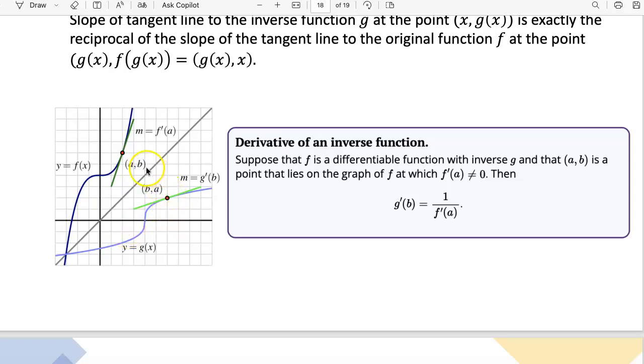So if A maps onto B, B maps onto A, or AB maps onto BA, BA maps onto AB, the slope at those points are reciprocal to each other, right? So this piece is why we end up with the inverse function is a reflection across the x equals y line.